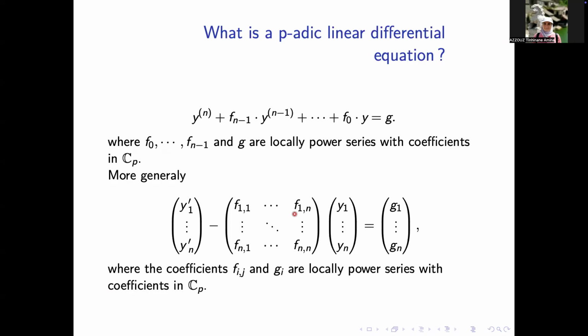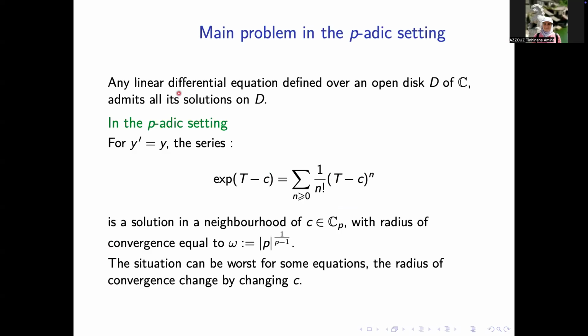In such a system, the solution should be a CP vector space, and the dimension should be n, which means there exist at most n CP-linearly independent solutions. When I say all its solutions, it means that the dimension of the solution space is exactly equal to n. And there is no problem, the solutions will converge on the whole disk.